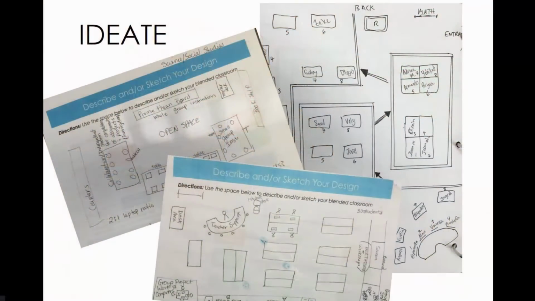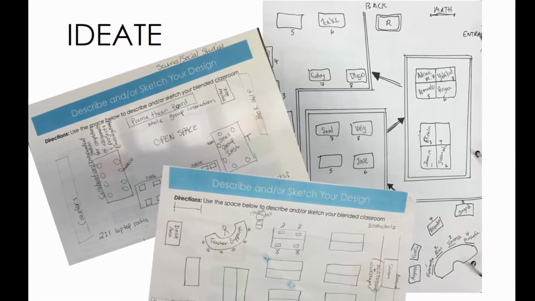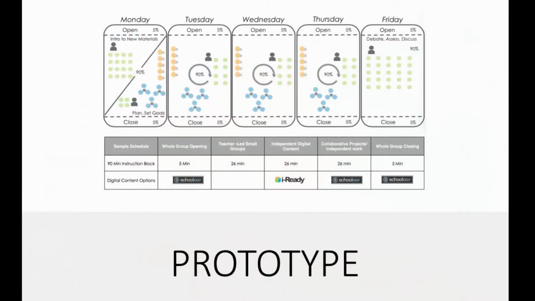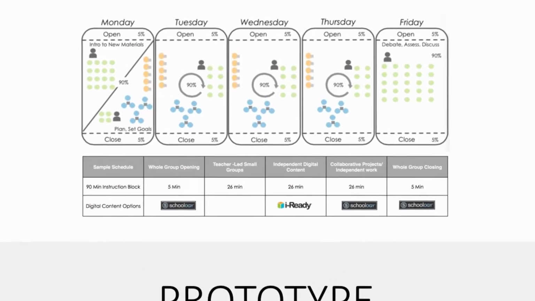Once they start thinking in those terms and they have that problem of practice, we start to ideate, or they start actually drawing out their classroom and what it's going to look like. We then pull that together to create a prototype and bring it back to them. So these prototypes become our work.